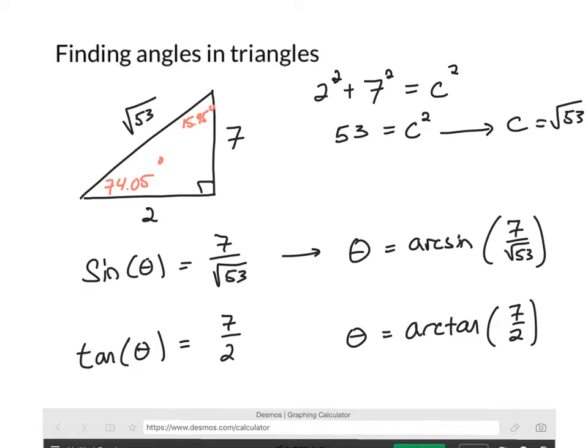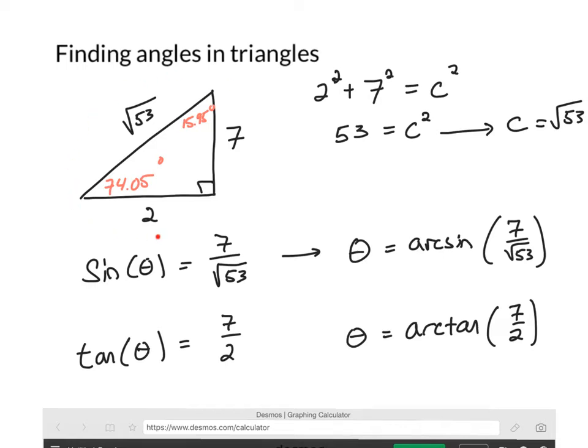One important thing that just came to my mind is you may be asking yourself, what about the other values of theta that we could get? It turns out that inverse trig functions are nice because we know that these outputs are always going to be between negative pi over 2 and pi over 2, or between negative 90 degrees and positive 90 degrees.